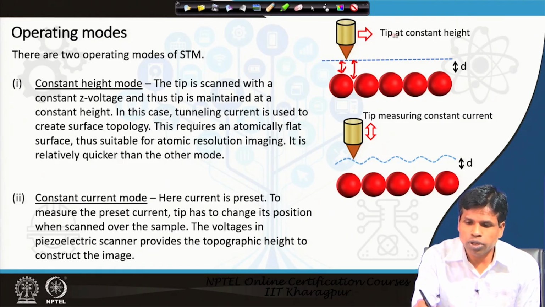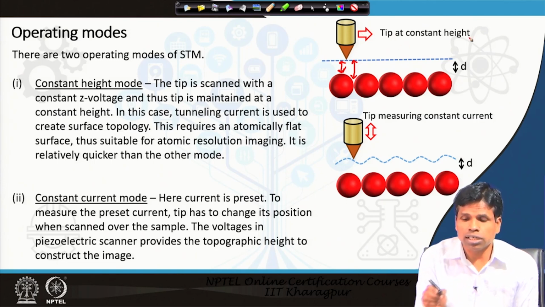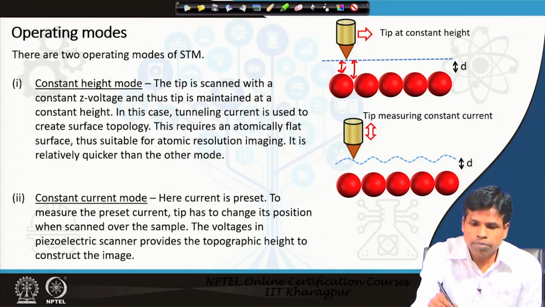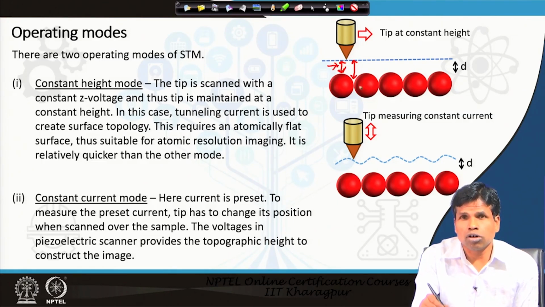So, here we have seen that in constant height mode, the tip is at constant height and it is scanned above the sample. Then, as we have different tunneling currents, in some places there is high tunneling current where the distance between tip and sample is small, and in other places low tunneling current.